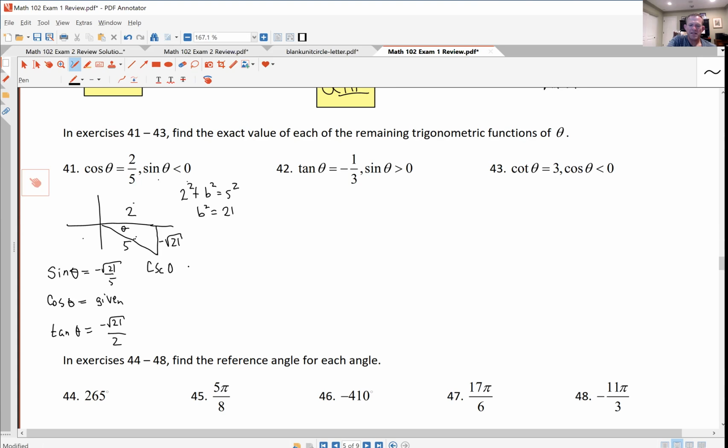Cosecant theta is negative 5 over root 21, or negative 5 root 21 over 21. Secant theta is the reciprocal of cosine, so 5/2. And the cotangent of theta is negative 2 over root 21, which gives us negative 2 root 21 over 21.